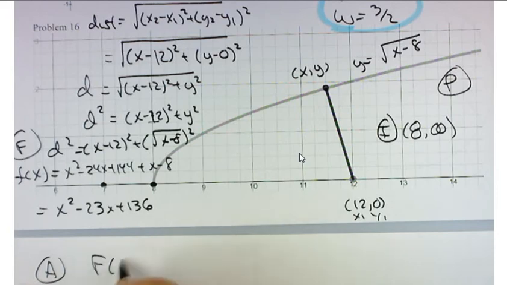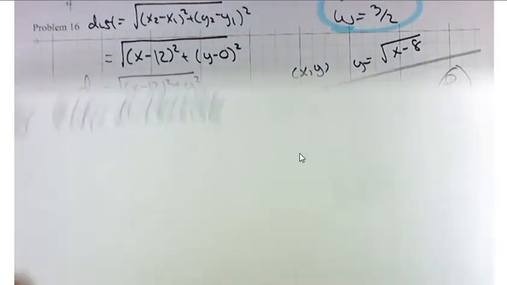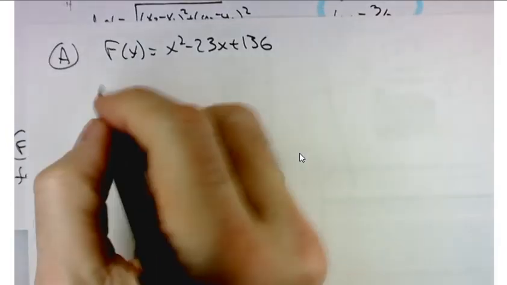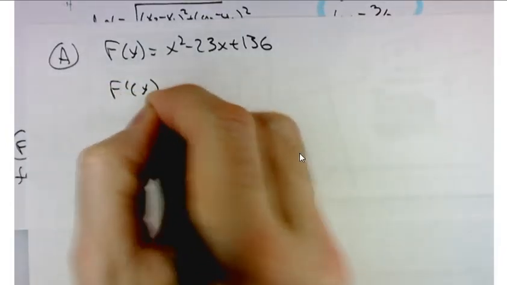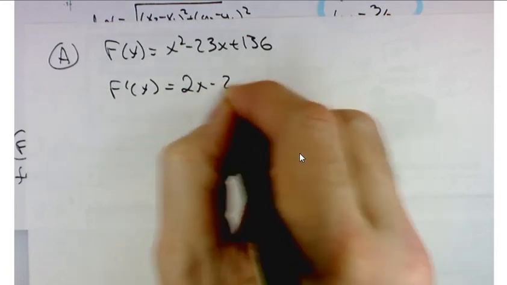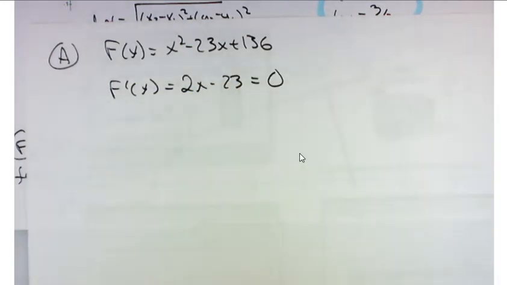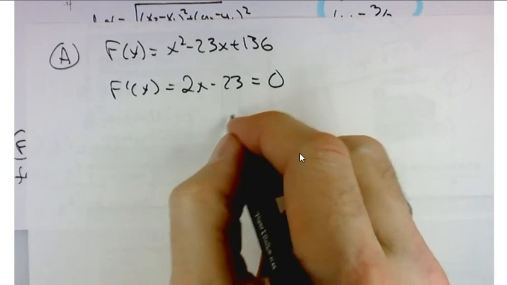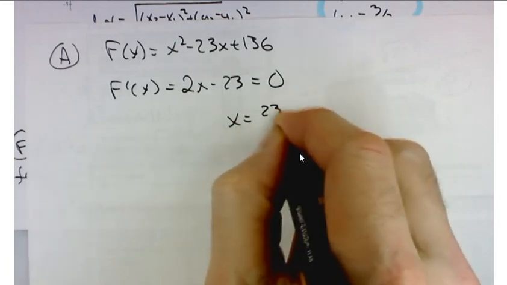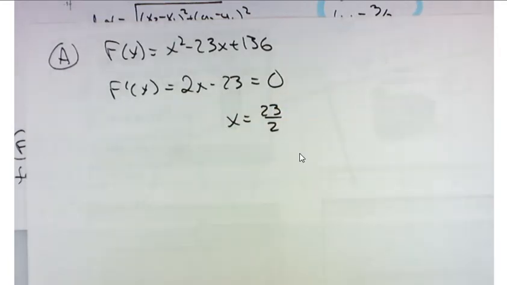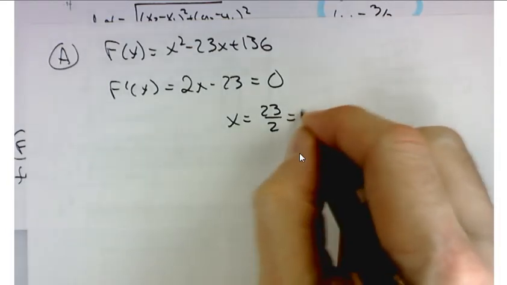All right, so f of x was x squared minus 23x plus 136. Let's work on the analysis part. F prime of x is 2x minus 23. And when I set that equal to 0, I get x is 23 over 2, or you could write 11.5.